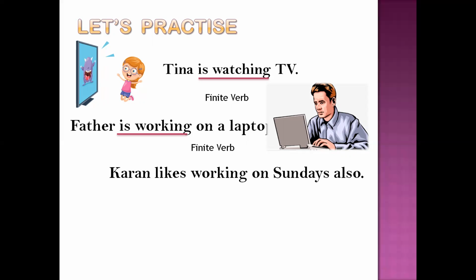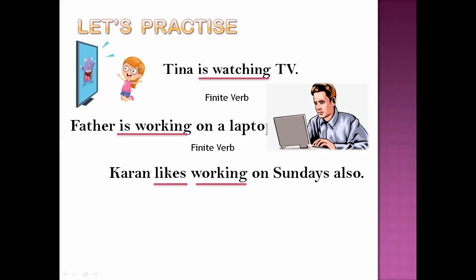Karan likes working on Sundays also. So here we have a verb likes and another verb working. So likes will change as per the number of the subject. If in place of Karan, I use they, I have to change the verb to like. So then I have to use they like. But because my subject is singular, I have used likes.